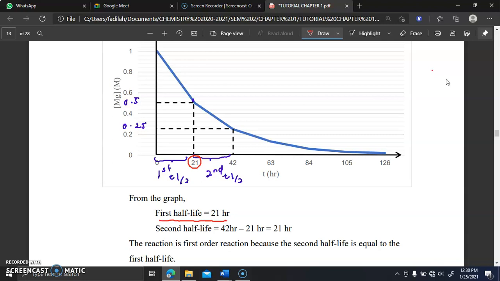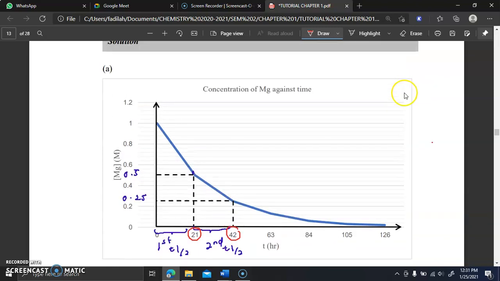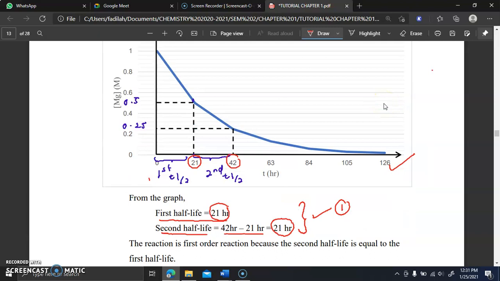Okay, second half-life is 42 minus 21. So you get 21 hour as well for second half-life. So ini kena supaya dapat satu markah. Exist ini mesti ada, exist ini mesti ada, and you have to label first and second half-life in your graph.